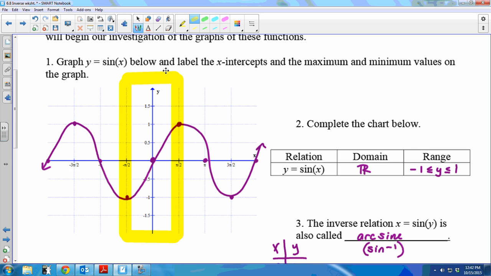It defines the section for you, negative pi over 2 to pi over 2. So we're just marking on the graph that that's what capital S Sine is. Lowercase s sine is the whole curve that keeps going, and capital S Sine is just the part in the box. Questions about that? Okay.